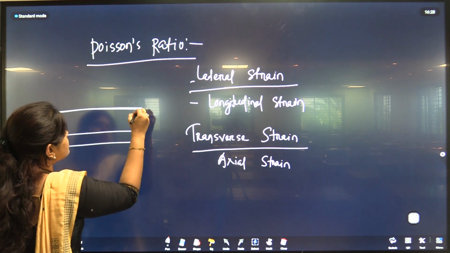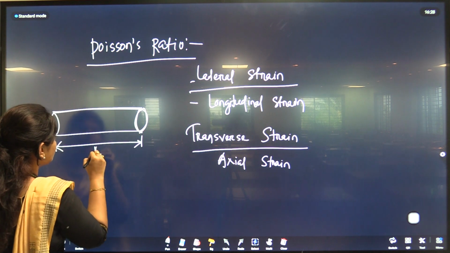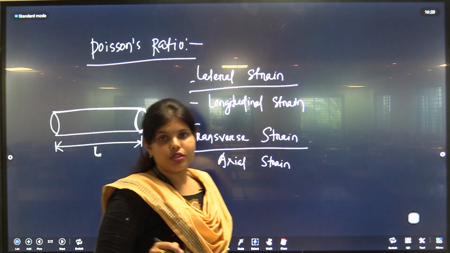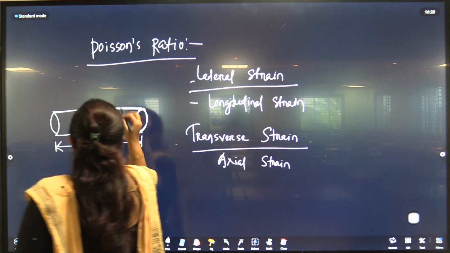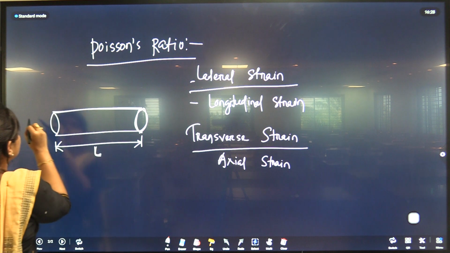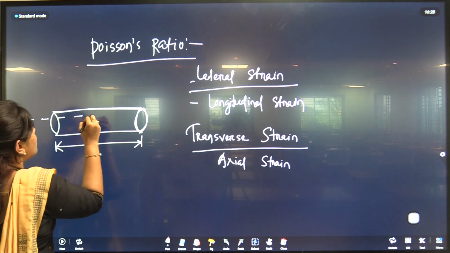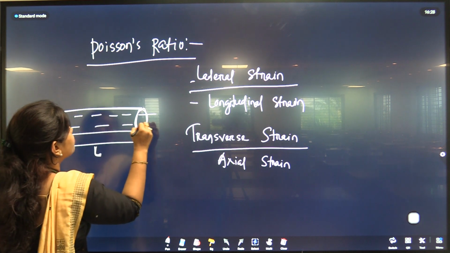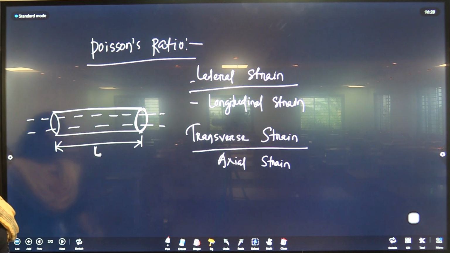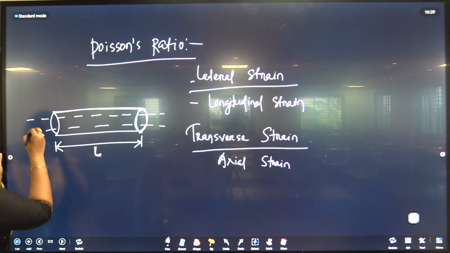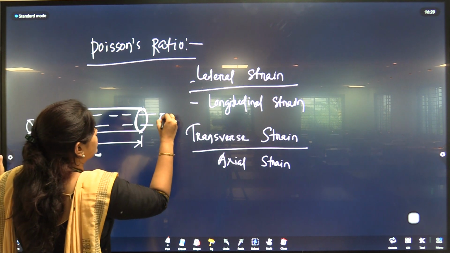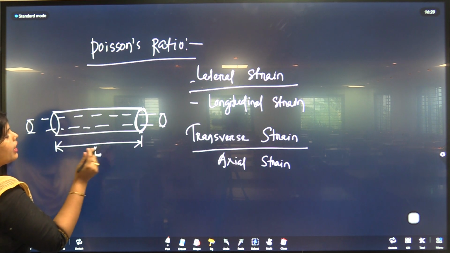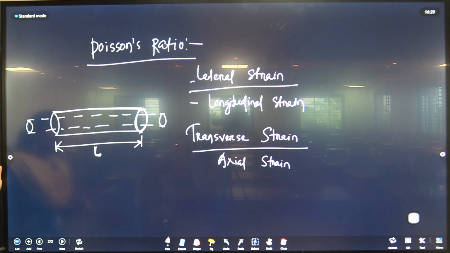Let the length be L. When a tensile force is applied, its length will change, and its diameter will decrease.